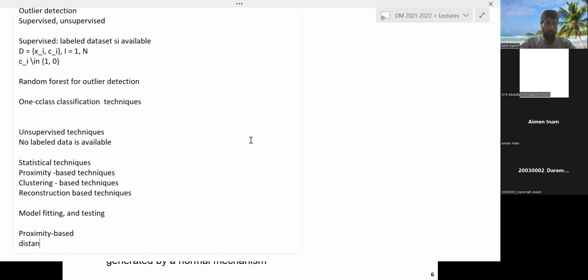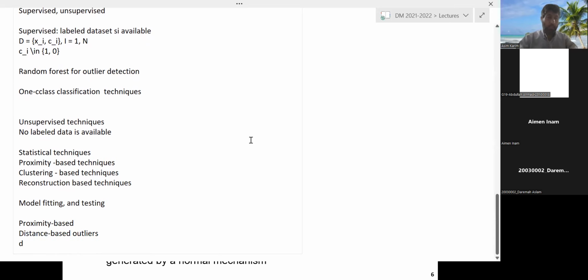One is distance-based outliers, and the other is basically density-based outliers. So you can think of distance-based as prototype-based, and density-based as, of course, density-based, meaning that it considers multiple objects and the space in which those objects lie. And so let's discuss one technique in each of these.